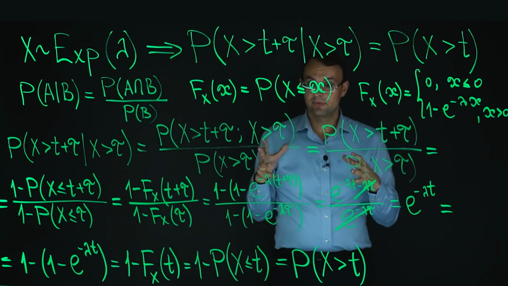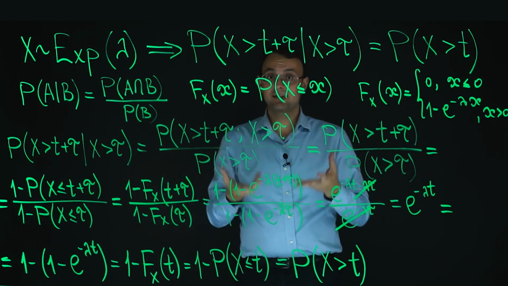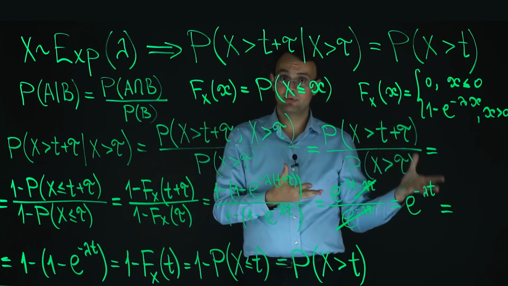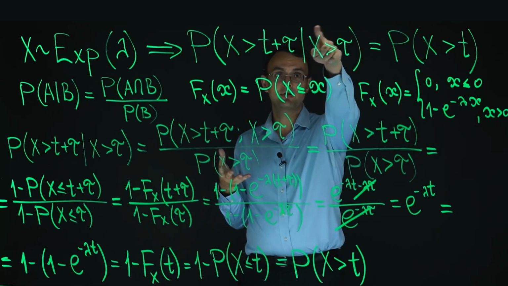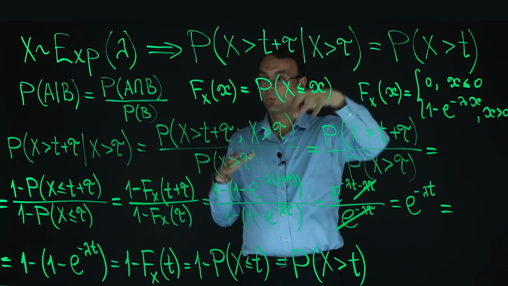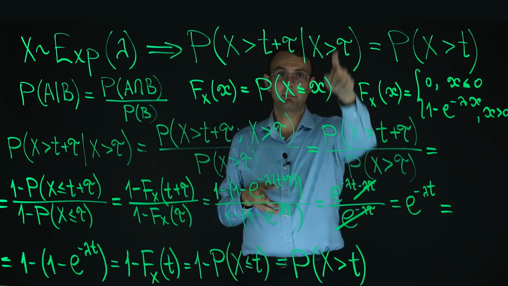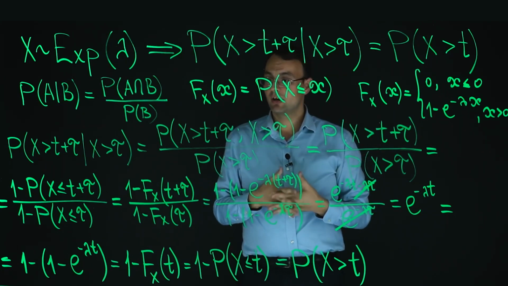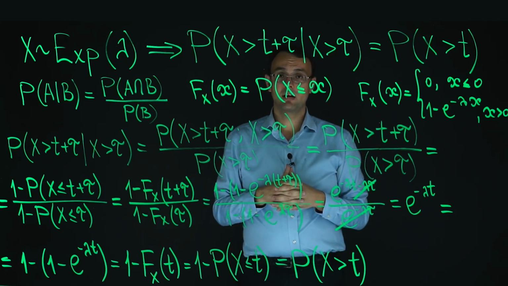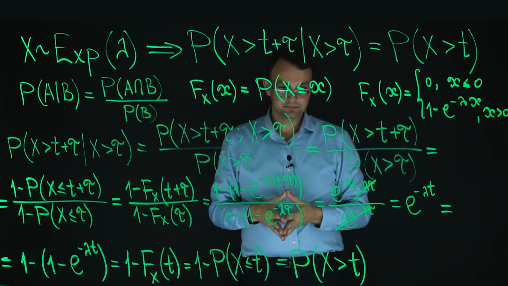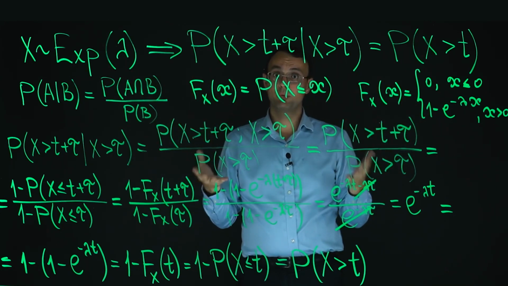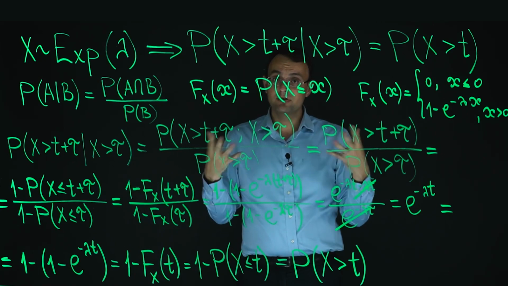So information about the past does not affect the future. We know something about the past, about what has already happened, but it doesn't change any probabilities of future events. That is the Poisson series of events.